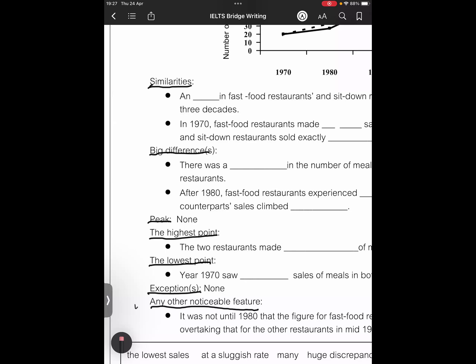Moving on to exceptions. So what is an exception? An exception is the odd one out. It is something that a certain variable has that is not common for the rest of the other variables.